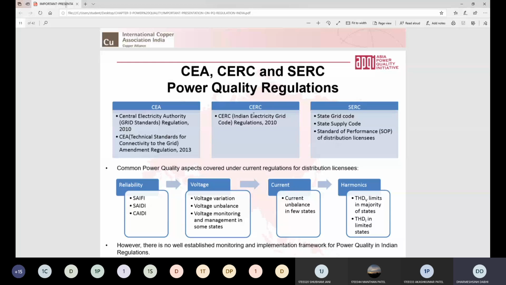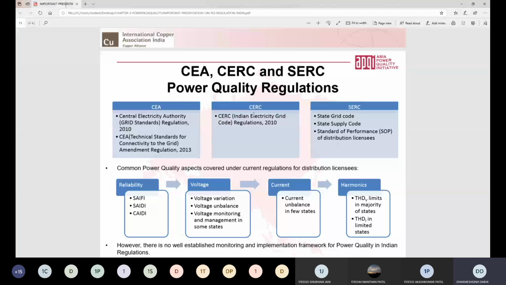Whatever rules are made by CEA and CERC are followed by the SERC. CERC is the central utility; in the same way, the SERC, the State Electricity Regulatory Commission, is available in all the states of India.